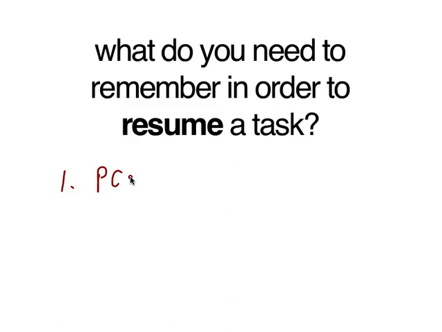What else? Registers, yes. The program counter is also part of the registers, so let me generalize this answer to just registers content. When you suspend, you have to take all your content in the registers in the CPU and save it somewhere, so that when you resume later, you will restore the same values.